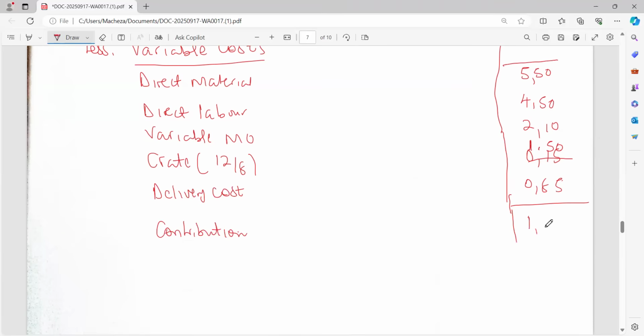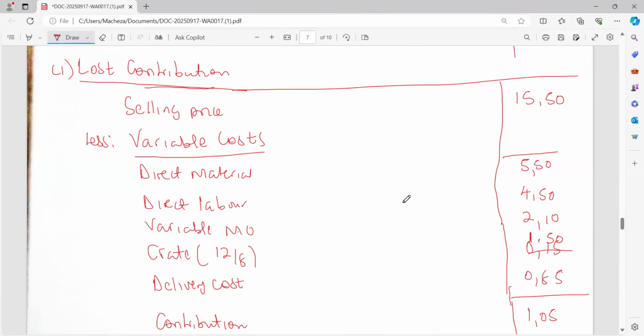But based on how we presented our answer, we should have the total variable cost here because we already put a heading here. If we did not put a heading, then all these figures we could just put in brackets here.